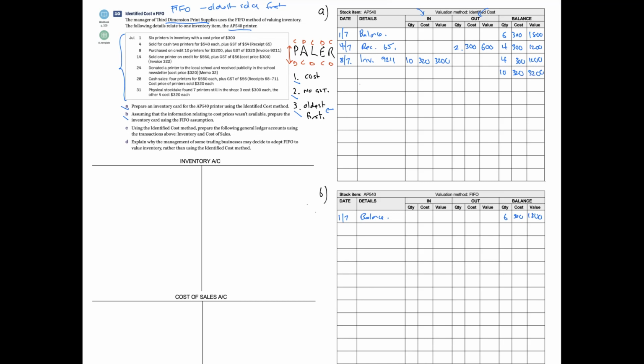I then move on to the 14th of July. And here we sell one printer, and its cost price was $300. So I'll underline that. We're going to do them a bit quicker. This was also an invoice, and the invoice is 322. But because we sold, one comes out, and we've been told it was a $300 one.